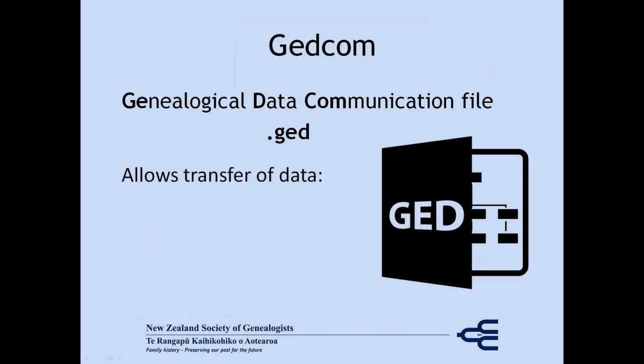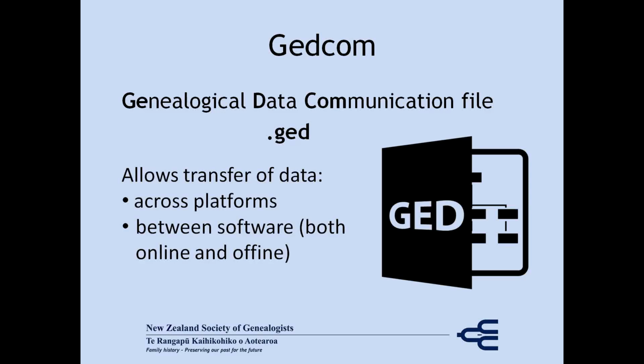It's a great tool because it allows you to transfer data across platforms, so between Windows computers, Apple computers, and Android computers. It also allows you to transfer data between programs, so you can move it between online and offline trees or between different types of family tree software. This means you don't need to have the same software as the cousin you're working with.